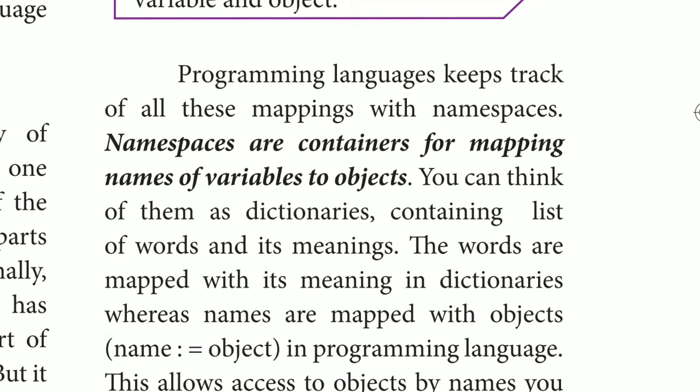This kind of confusion can be avoided by using namespace. Namespace is a ledger that holds all the variables created in a program, and it maps variable names to objects.